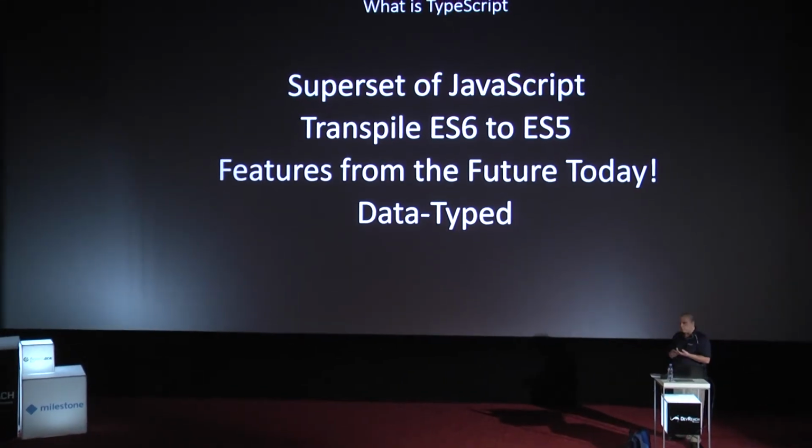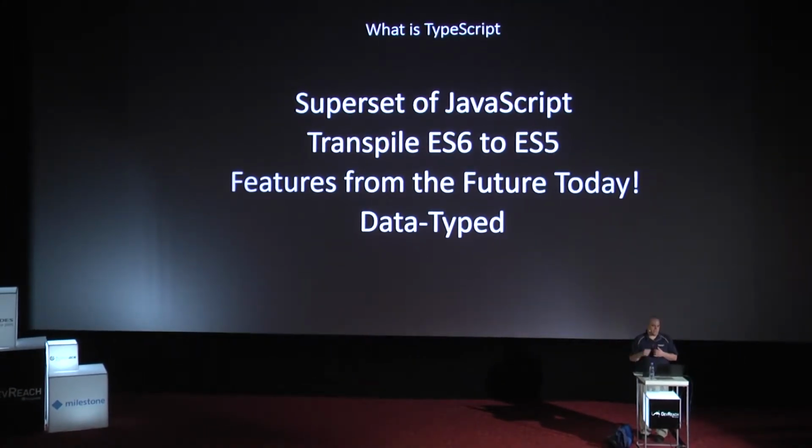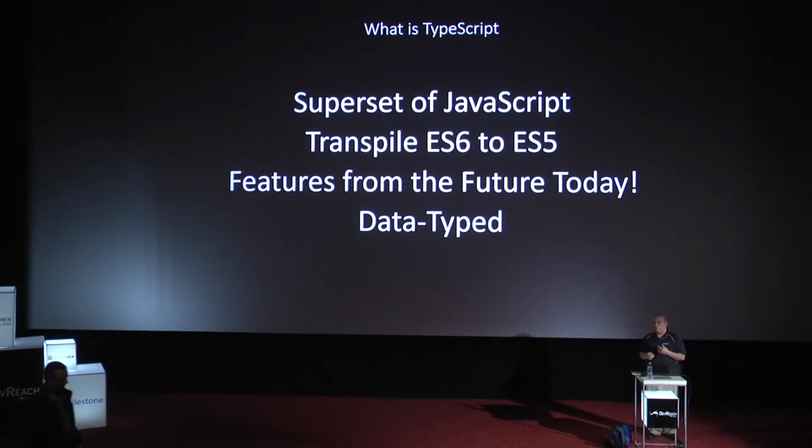It allows for a couple of cool things. Probably the biggest and most common feature that everyone loves is the ability to transpile from ECMAScript 6 to ECMAScript 5. ECMAScript is the supported versions of JavaScript in your browser. There's a whole committee that meets and talks about what's going to be in the language and what's not going to be in the language.